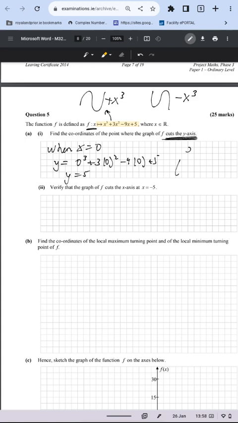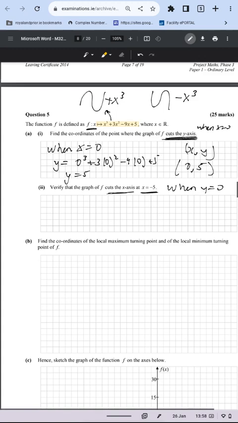Write that point. Remember, a point's made up of an x and a y. It would be 0, 5. Next thing there. Verify that the graph cuts the x-axis at x is equal to minus 5. So different ways you can do it. The thing I'd be thinking, cuts the x-axis once again when y is equal to 0. Need to know that.